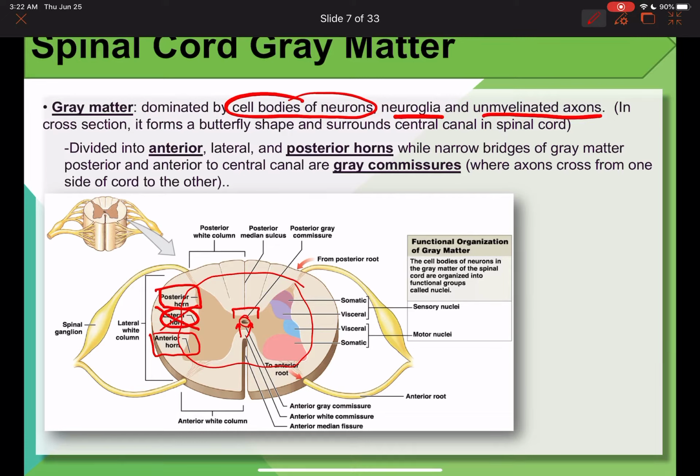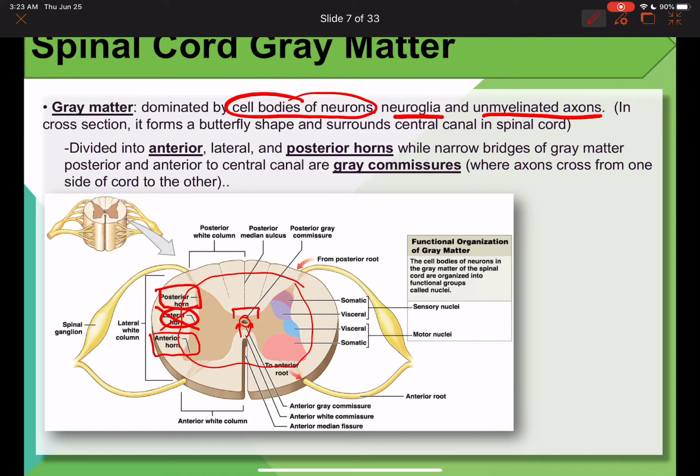This is where axons can actually cross from one side of the spinal cord to the other side. Sometimes that happens. It doesn't always have to go straight up and down, but it can go across to the other side. For example, what's coming from the left side of the body can then come through to the right side of the upper part of the central nervous system. So sometimes that can happen, okay?